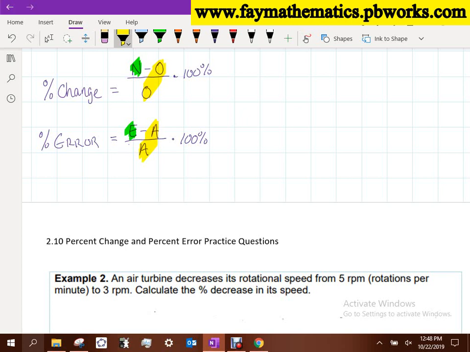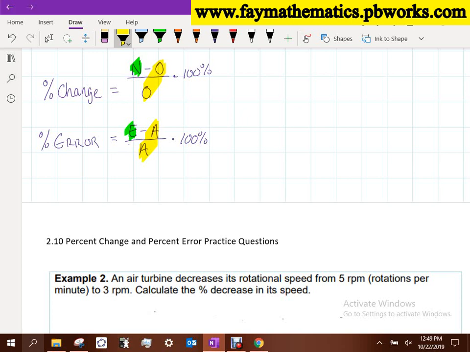But you should be able to, in each one, if they say percent change, or what's the percent increase or percent decrease, they will give you a new amount. Okay, they'll tell you this is the amount after an increase or after a decrease, and they'll give you the original amount. And usually they'll say, this is the price, or this was the price, or this is the original price. So you can tell what's the original, what's the new.